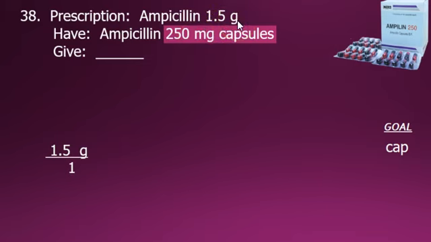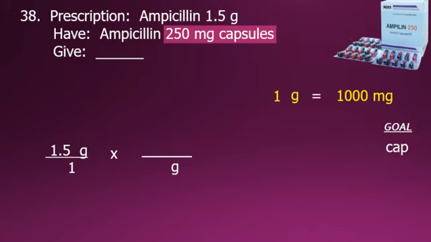However, the order starts as grams. Before we can convert milligrams to capsules, we need to convert our grams into milligrams. So a preliminary step will be to set up a conversion factor fraction such that grams will cancel out and convert it into milligrams.